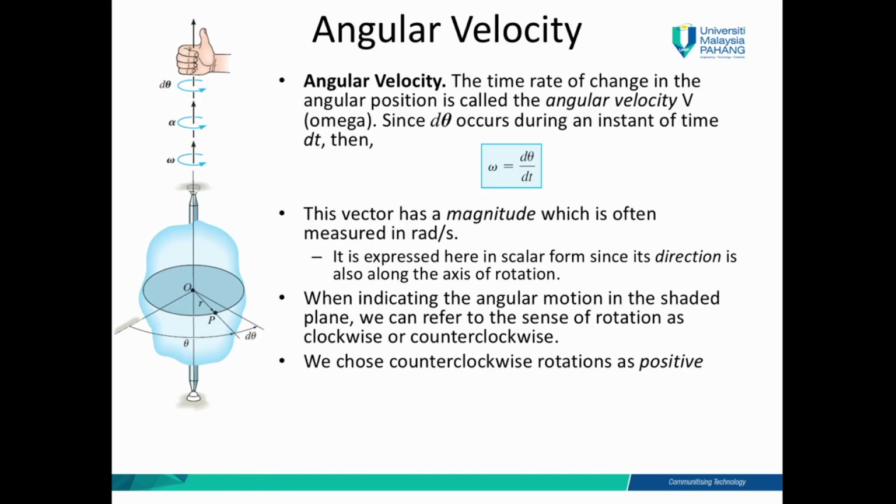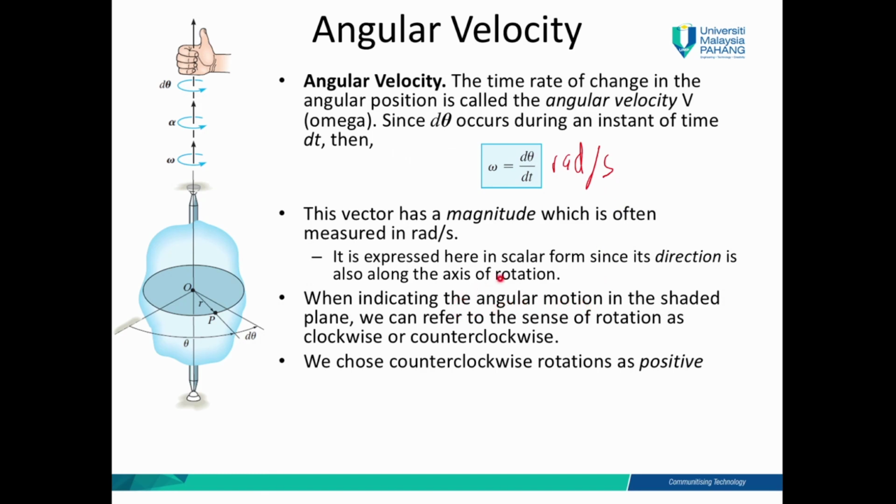Then what about angular velocity? So angular velocity: you have your angular displacement, and if you differentiate with time, you will have what you call your angular velocity, which usually we put as omega. And usually it has a magnitude where we put radian per second instead of degrees, because this will make it much easier for you to do a lot of things later.